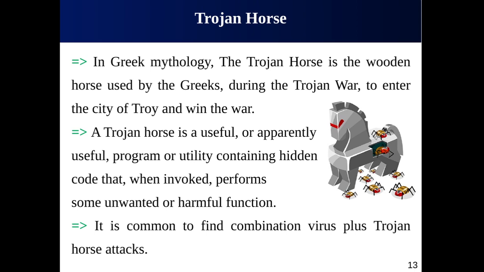But unknown to the Trojans, the wooden horse was filled with Greek soldiers. And in the night, the Greek soldiers descended from the horse, opened the gates, and then the troops entered and captured the city of Troy.